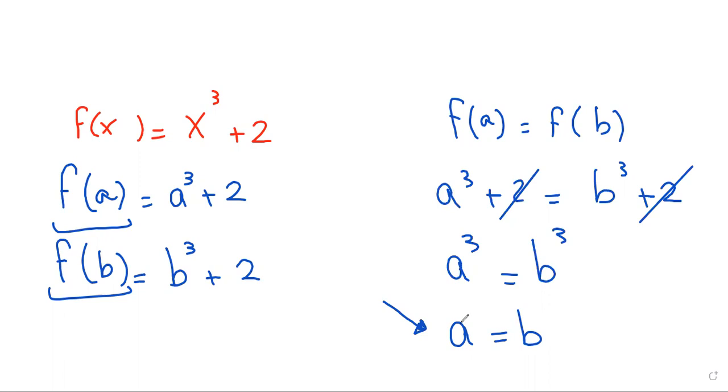Because when we make the two y's equal, a must be equal to b, so it's one-to-one.